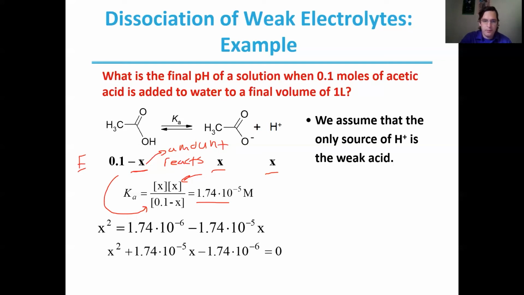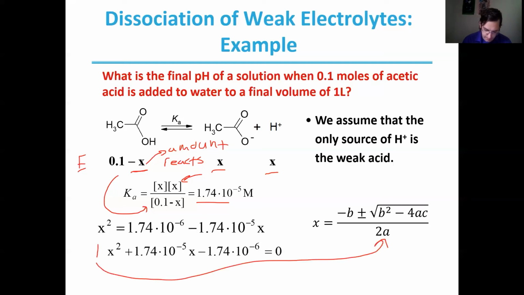And then, of course, at this point, our equation takes the form of a quadratic equation, with our term right here, 1, acting as A, our 1.74 times 10 to the negative fifth acts as B, and our C term is 1.74 times 10 to the negative 6.